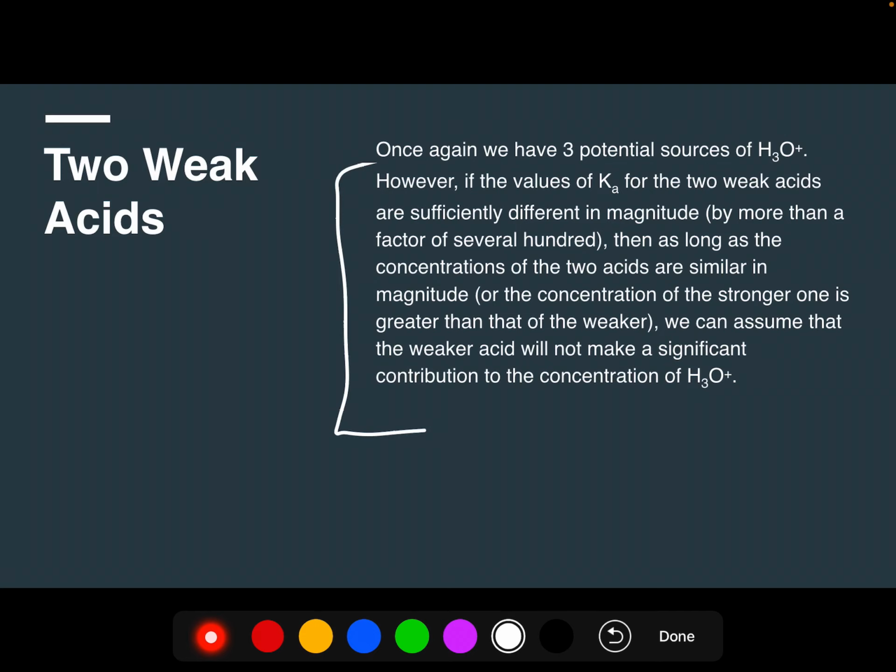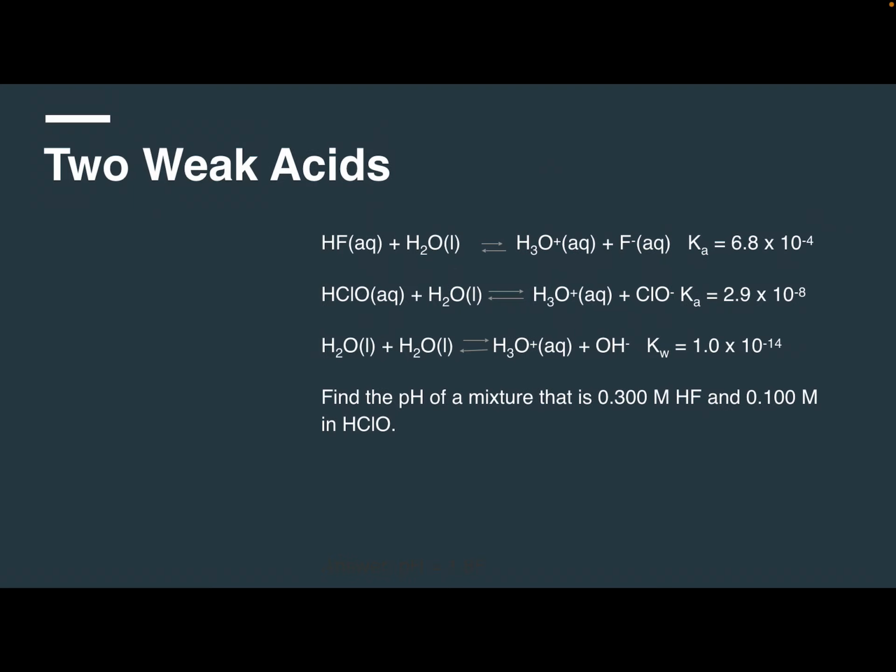But that's the only scenario. Otherwise, you got to do an ice table for both, starting with the stronger one and then working to the weaker one. So let's take a look at this.